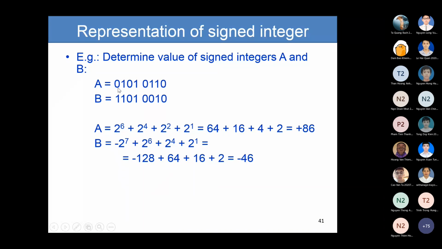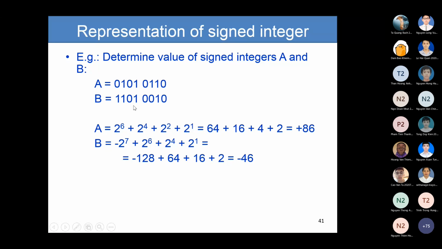For A, index 0 here, index 1, index 2, index 4, index 6. The first bit is 0, it means it is positive. So here A equals 2 to the power 6, 2 to the power 4, 2 to the power 2, 2 to the power 1, and equals plus 86. This is a positive number.